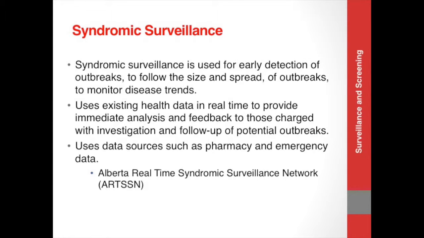Syndromic surveillance is used for early detection of outbreaks, to follow the size and spread of outbreaks, and to monitor disease trends. It uses data in real time for immediate analysis and provides this feedback to those in charge of the investigation and follow-up of potential outbreaks.